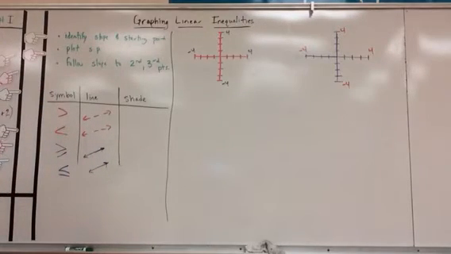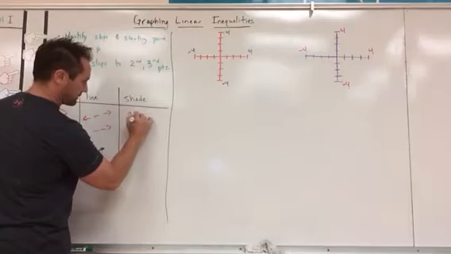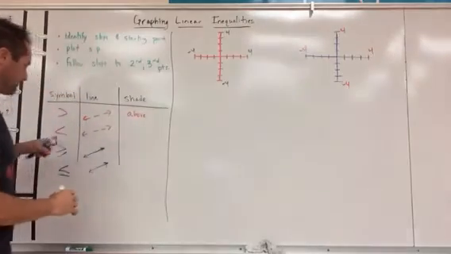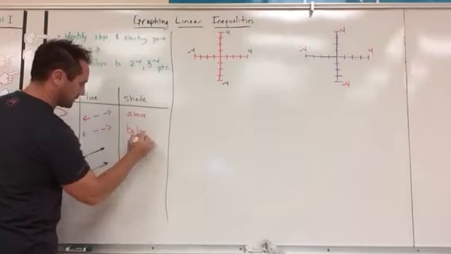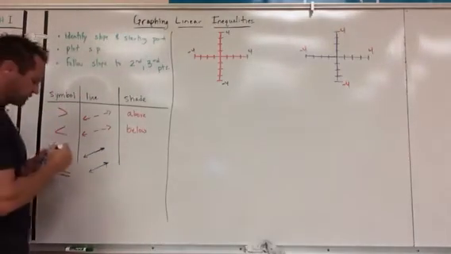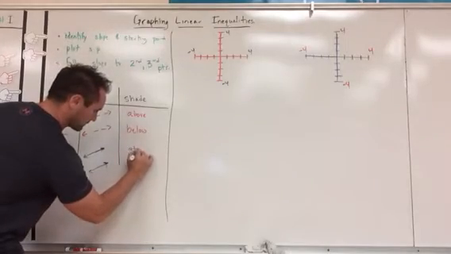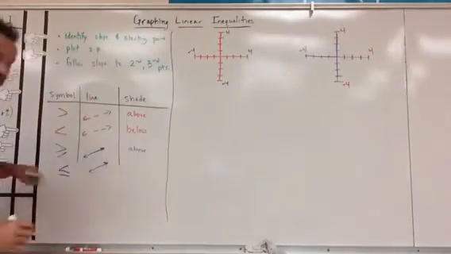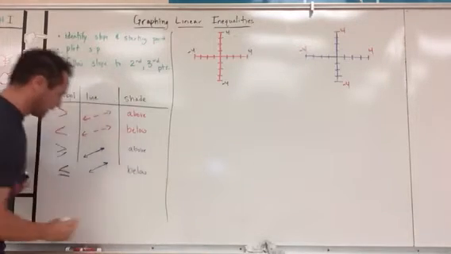And for greater than, you're going to shade above. For less than, you're going to shade below the line. For greater than or equal to, you're going to shade above the line. And for less than or equal to, you're going to shade below the line.